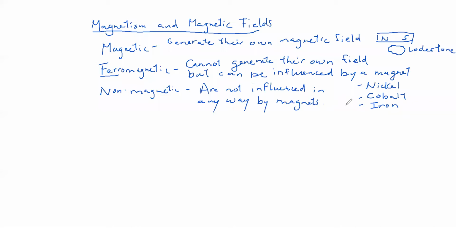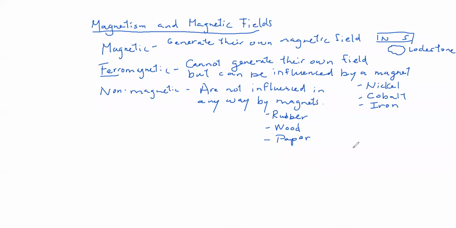Like I said earlier, metals that don't fall into one of those three categories don't get influenced by a magnet at all, and hence are non-magnetic. You also have things that are made out of rubber. You also have things that are made up of a very popular element, carbon. So things like wood and paper are all non-magnetic.